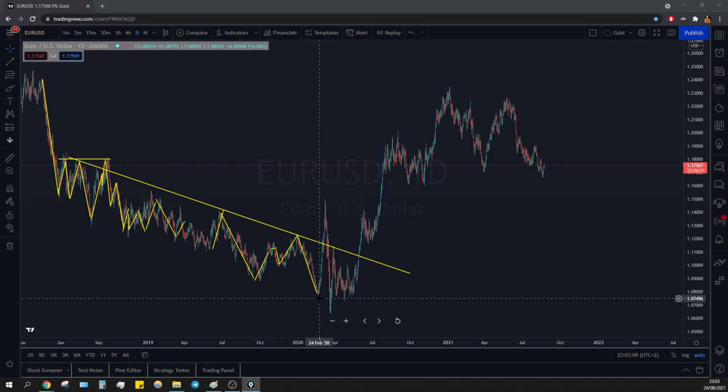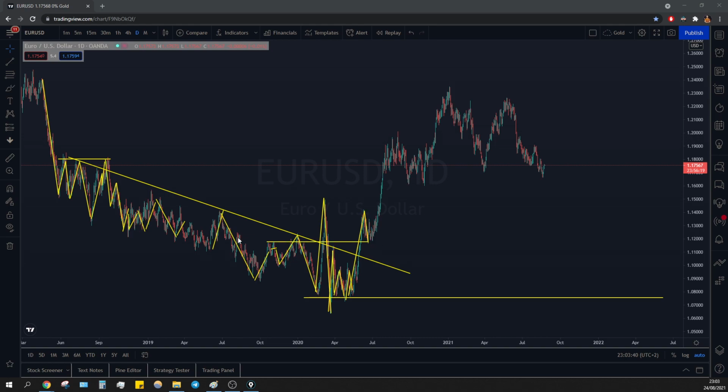Here, as you can see, at the start, when we had the coronavirus, we got this big impulsive bearish move, which was explained because of the US dollar being a safe haven, ranging almost 1.8, 1.7 lows, and then we saw a breakout, retest of this price sensitivity area.